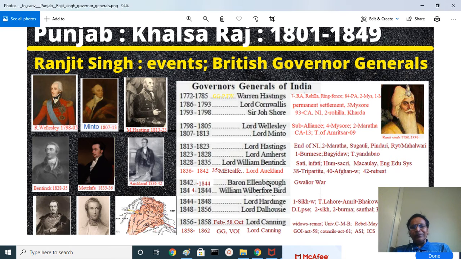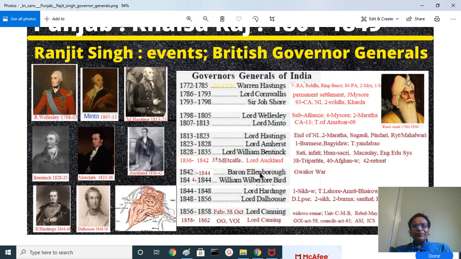Then we discuss Ellenborough's time and some other minor temporary Governor-Generals, and Lord Hardinge. It is during Lord Hardinge's time, after the death of the Maharaja, that the First Sikh War was fought and the Sikh Kingdom ceded a lot of territories to the British East India Company Bahadur.